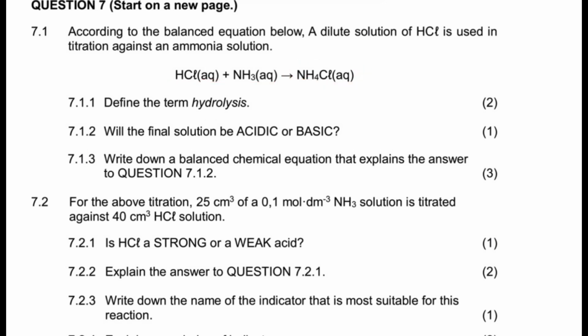Before anything, you go there and identify what the acid is. Hydrochloric acid is a strong acid. You need to memorize the list of strong acids and the strength of bases. Ammonia is a weak base and it gives you that salt, right?